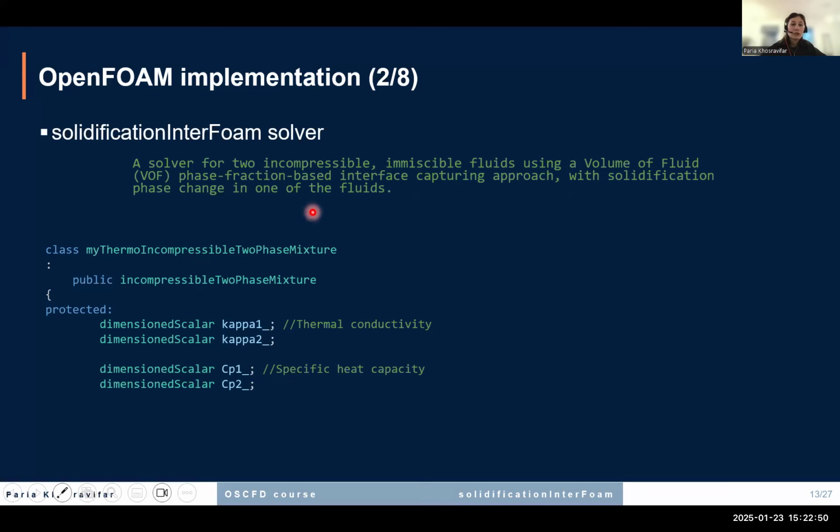The interFoam solver doesn't solve any energy equation, so it doesn't have any thermal properties like thermal conductivity and specific heat capacity. I defined this library, my thermal incompressible two-phase mixture, that inherits from this incompressible two-phase mixture to read these data from the transport properties dictionary.